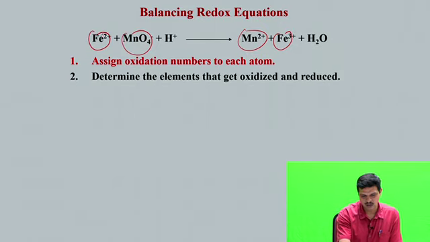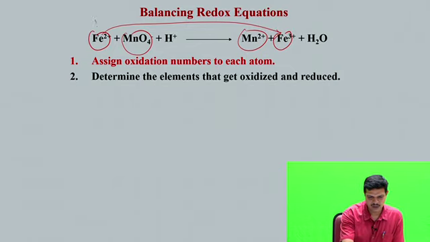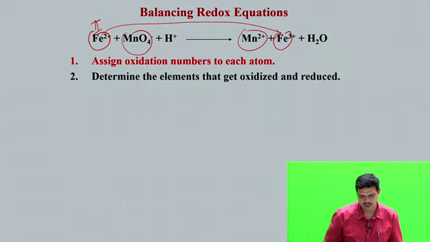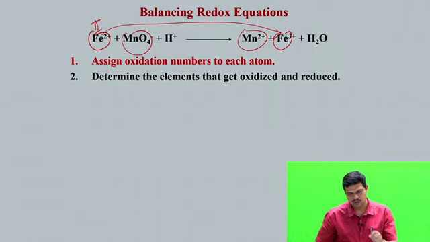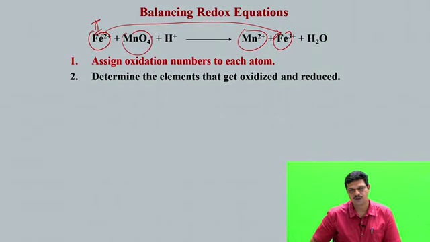One is Fe2+ to Fe3+, and you find out the oxidation state first. So the first step is to find out the respective half cell reaction, and then find out the oxidation state of each side of that particular half cell reaction.